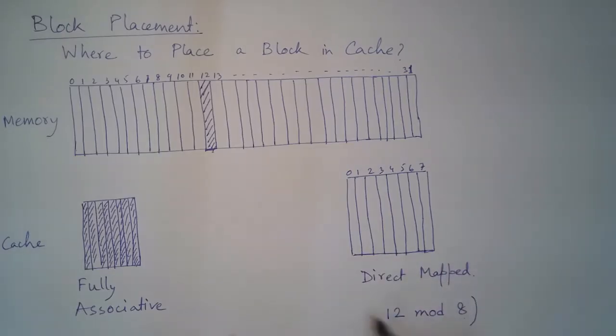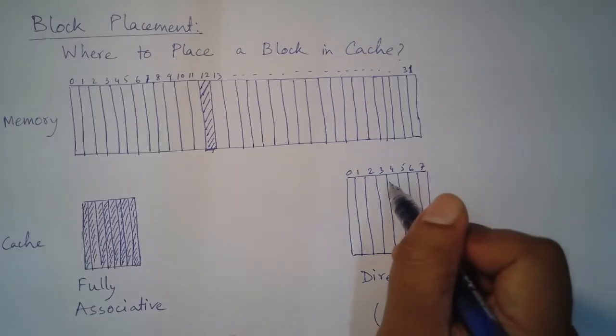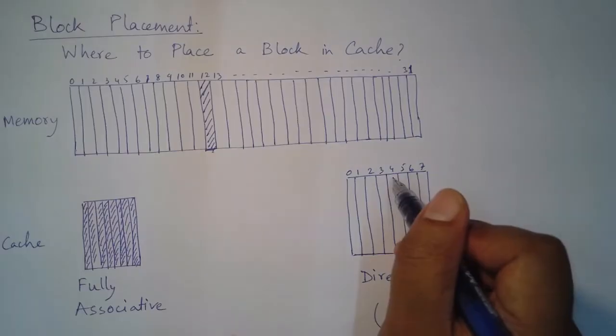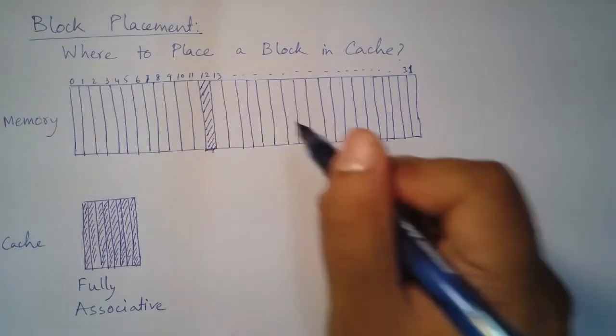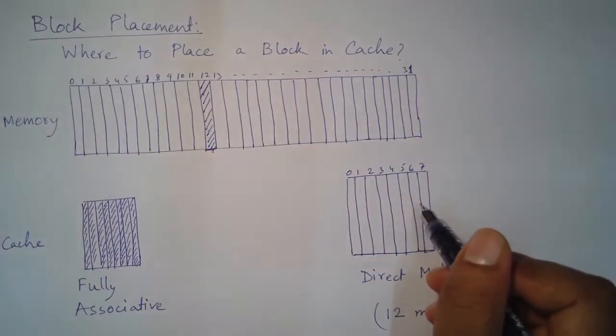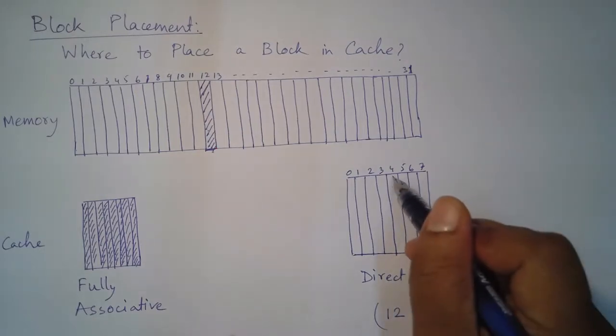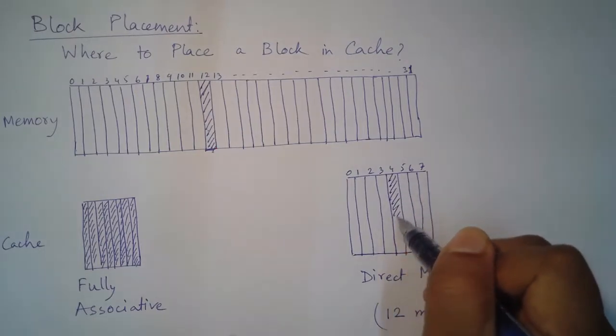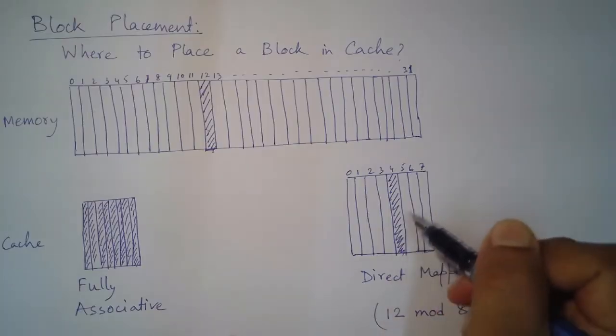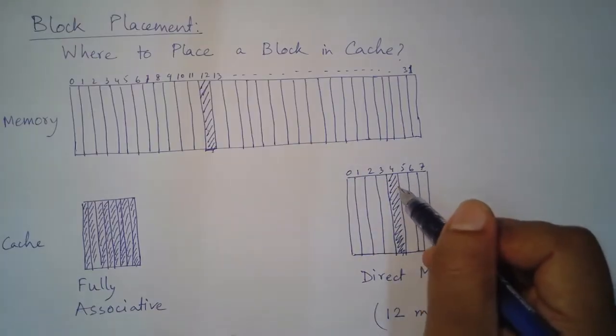If you perform 12 mod 8, you will get the remainder, and the remainder here is 4. This remainder will tell you which block in the cache you put this block 12 in. So you will be putting block 12 of main memory into block 4 of your cache.